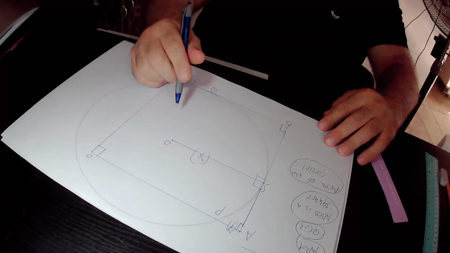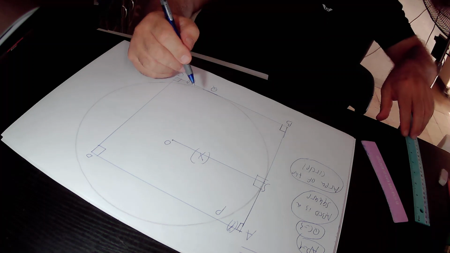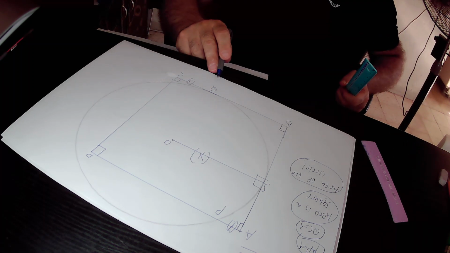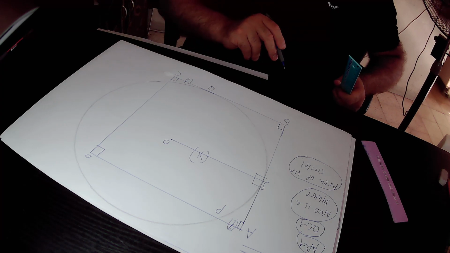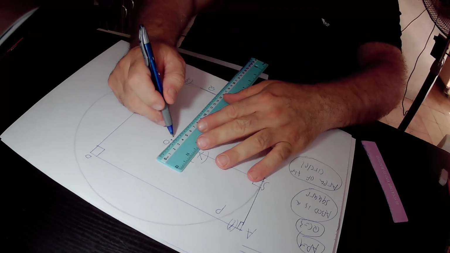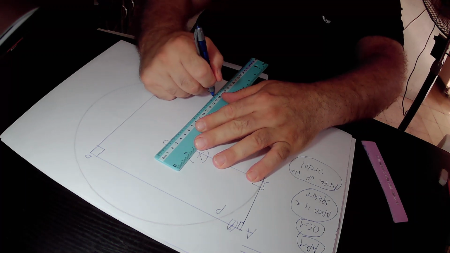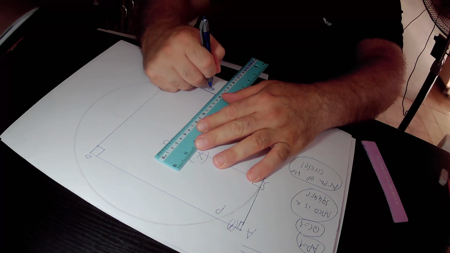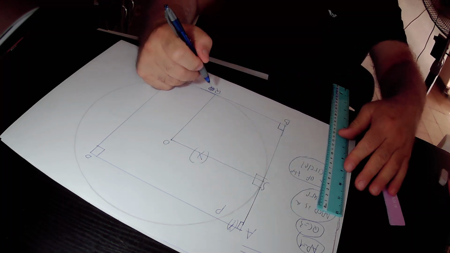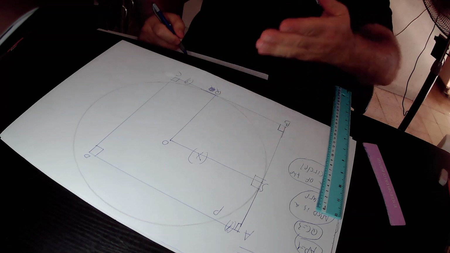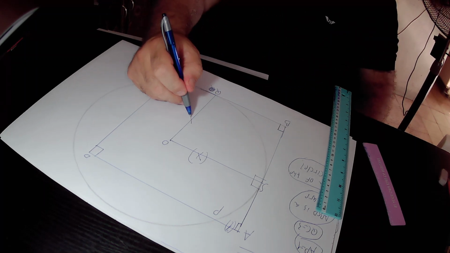In the next step, we will join points O and Q together by a straight line. Point Q is the point of tangency of tangent BC with this circle. Line segment OQ is of course the radius of this circle that is equal to x according to our definition.